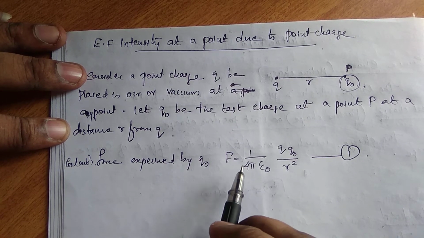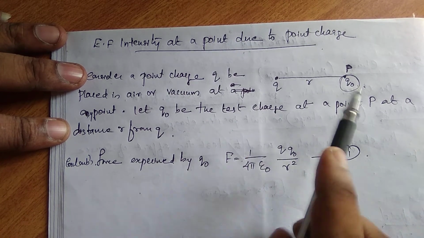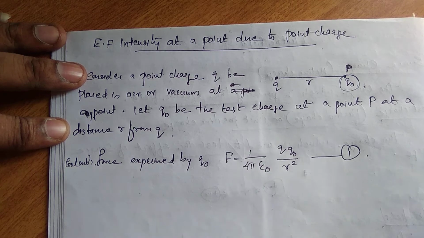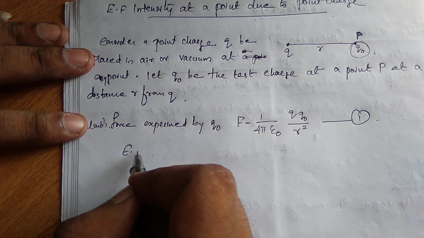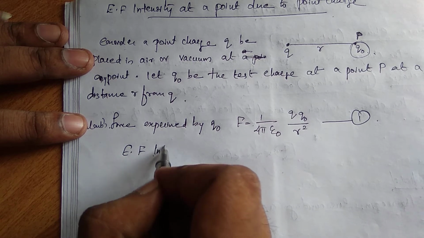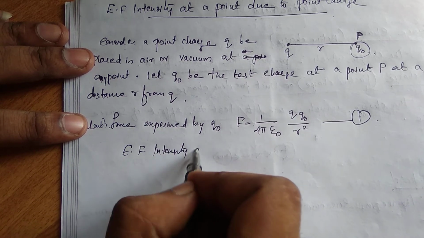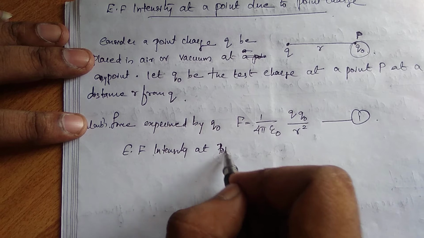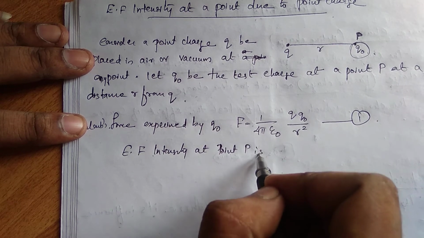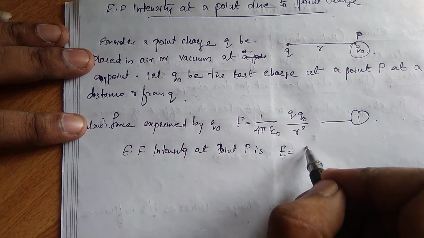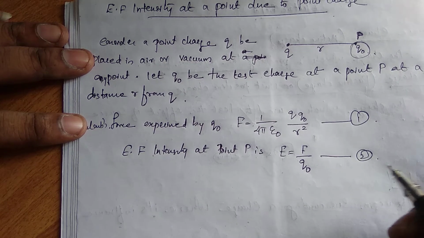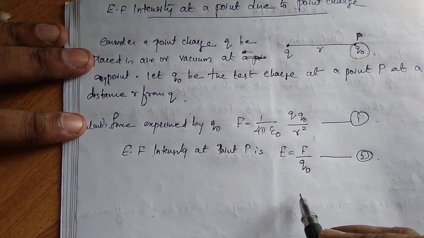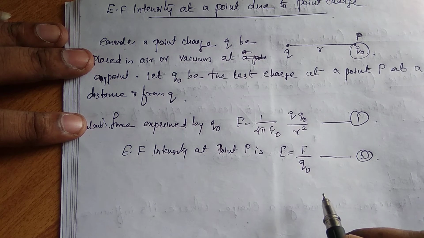Then electric field intensity at point P is equal to F by Q0 by our definition. Take this as equation number 2.